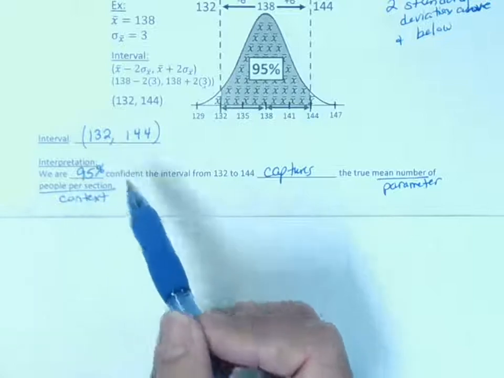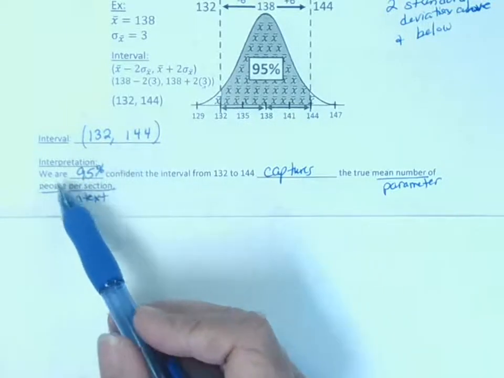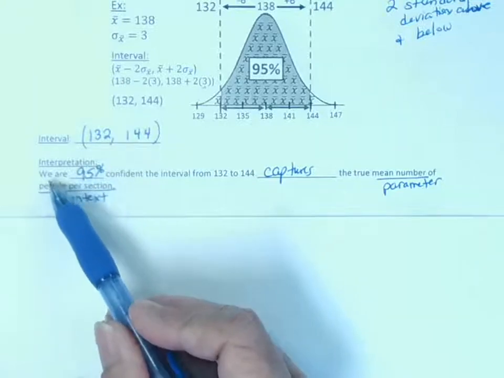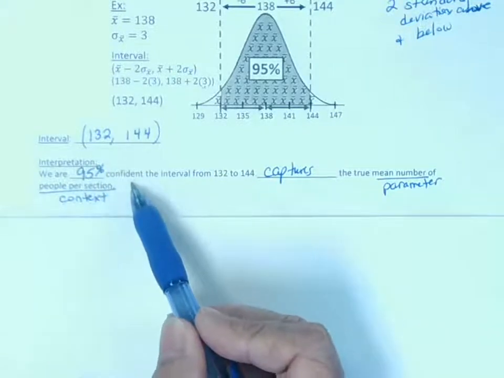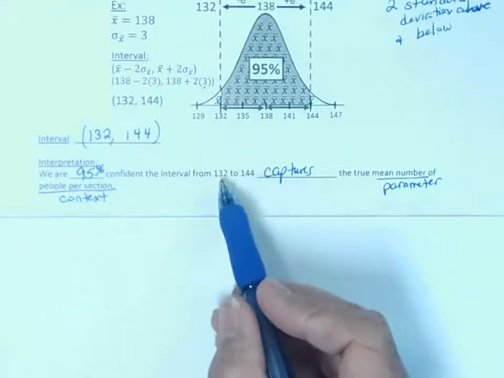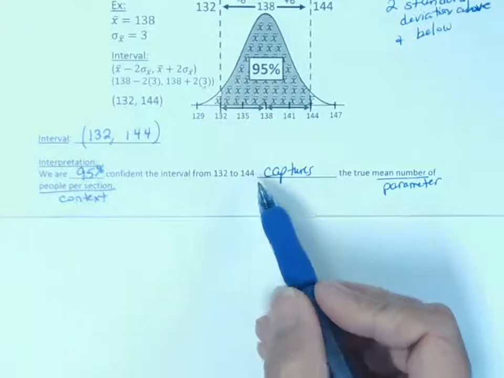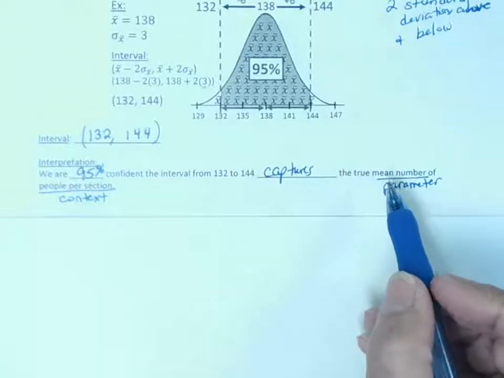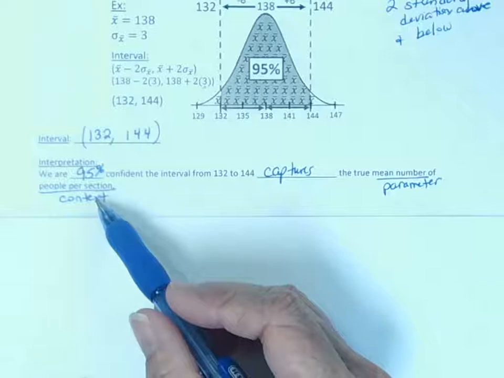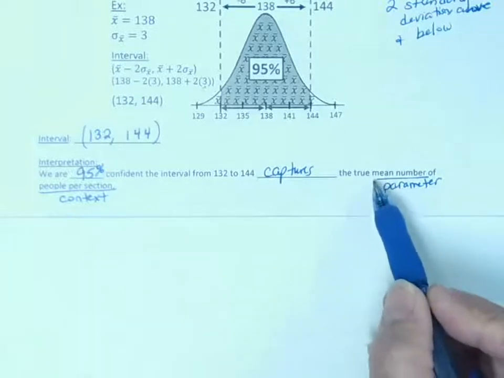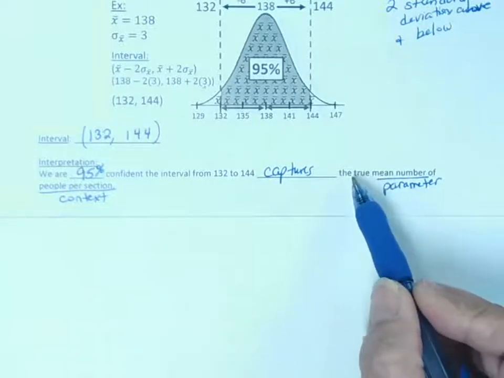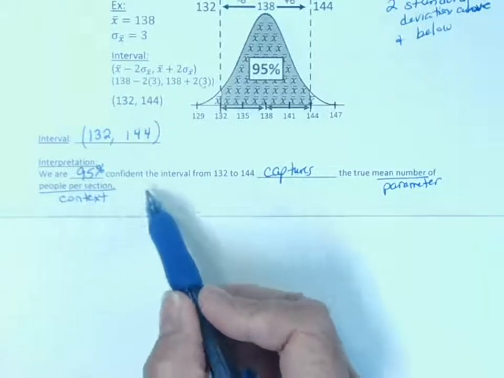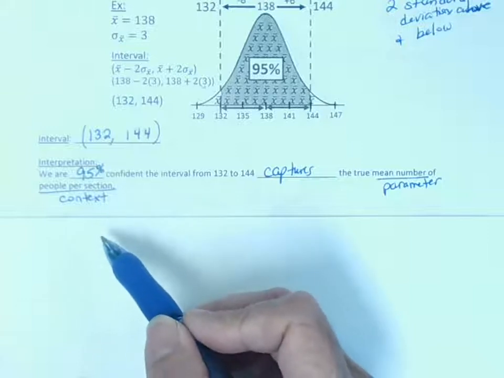The way we interpret a confidence interval is we say we are whatever the confidence interval percentage is, in this case 95, so we are 95% confident that the interval from the lower value to the upper value captures, keyword again, captures the true parameter of context. In this case, the parameter we're dealing with is the mean, so it captures the true mean number of people per section. That's the context of this problem.